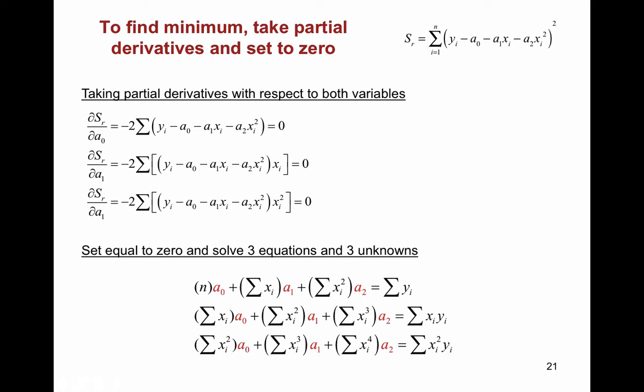Basically the sums that I need to compute are also xi cubed, xi to the 4, and also xi squared y, and xi y I already have. Okay. So in that sense, I'm just setting up a 3 by 3 system and solving for a0, a1, and a2, and finding those. So this is how I would get a parabolic fit.